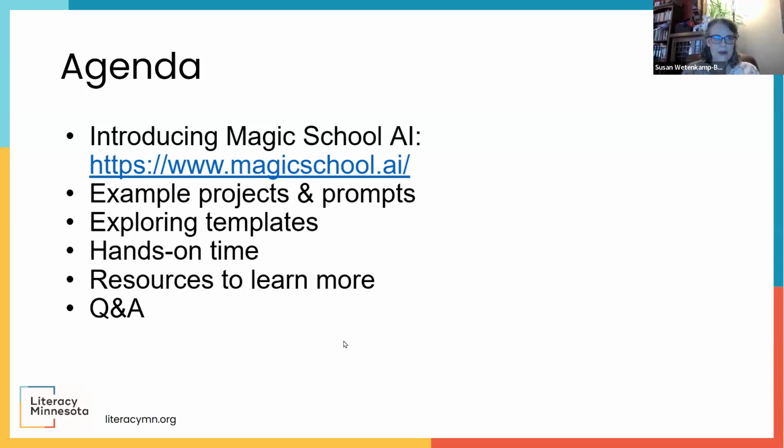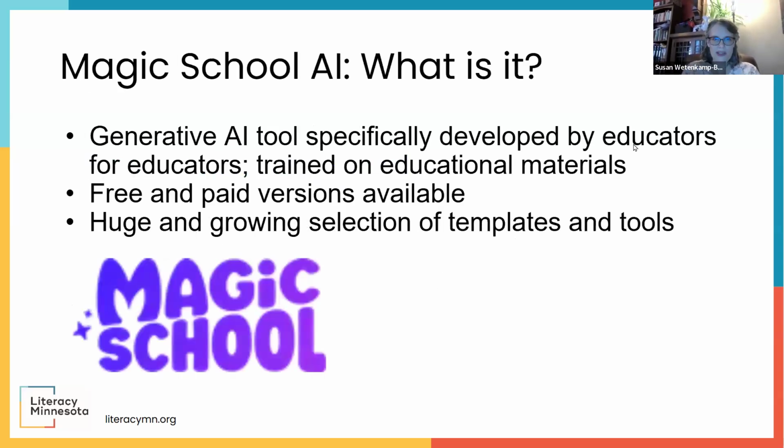Right. So with that, we're going to just give the sort of big picture overview of Magic School AI. What is it, and why did I choose this tool out of all the tools that are available to talk about when it comes to AI?